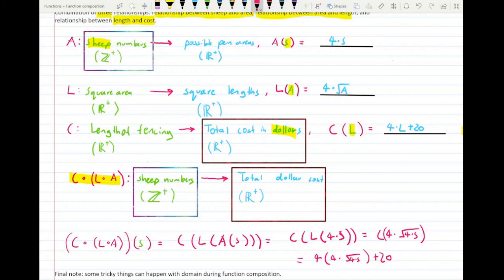And that will be the final expression that defines our mapping.